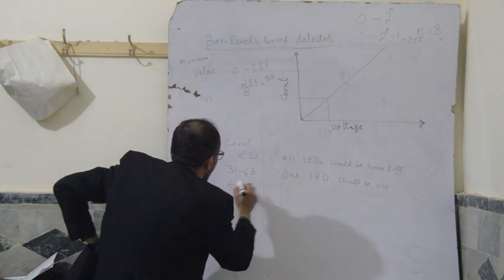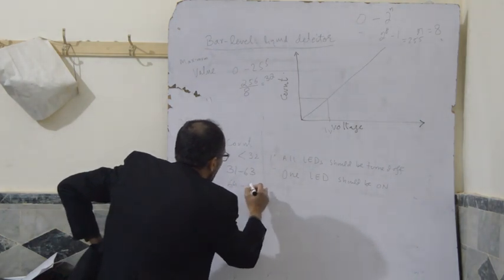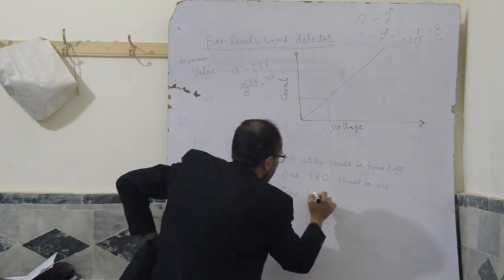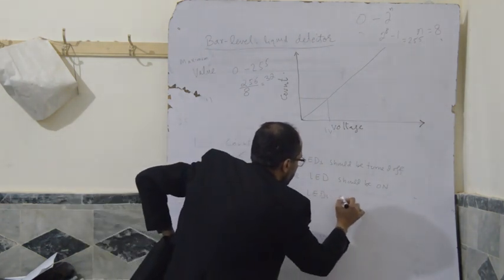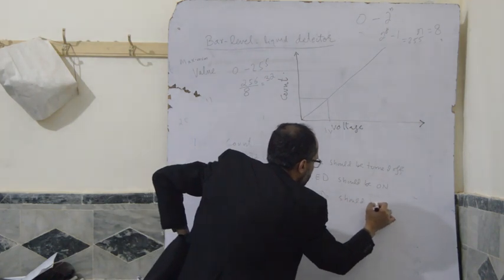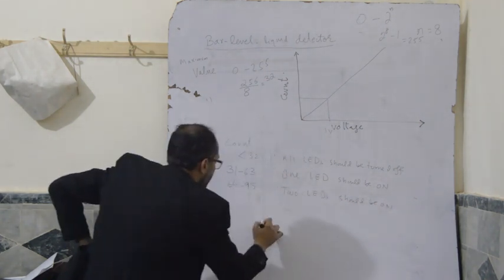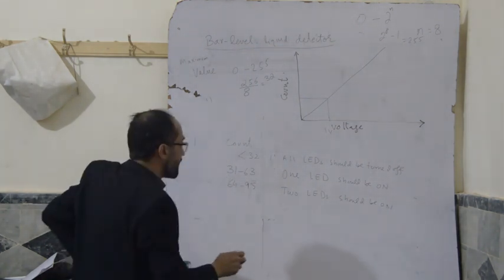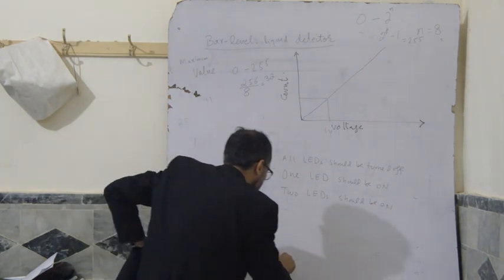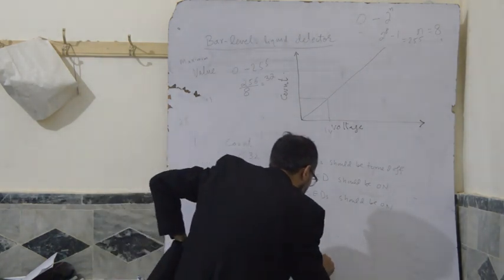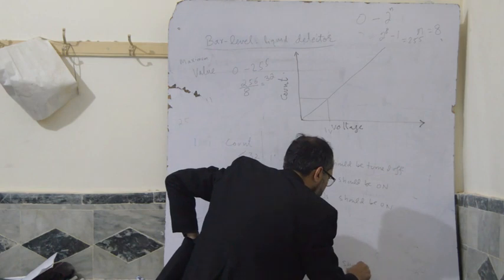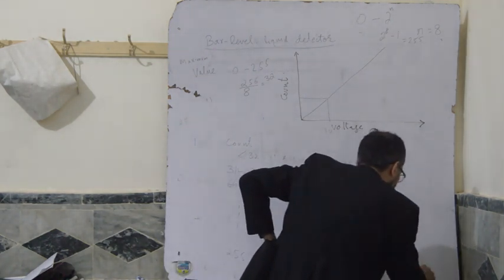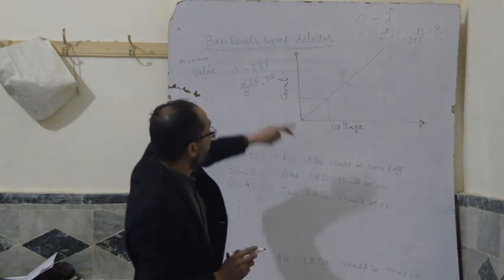If the count is from 64 to 95, 2 LEDs should be on, and if the count is 255, that's the maximum value, so all LEDs should be turned on.